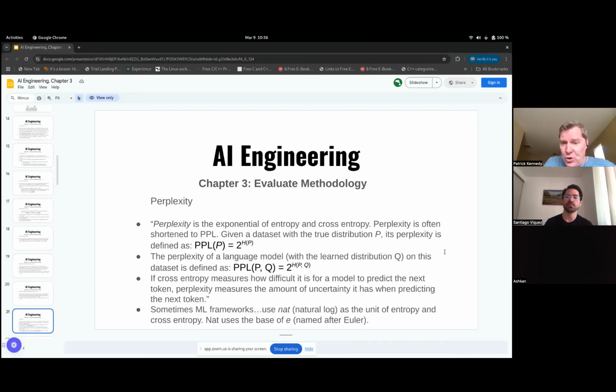So perplexity is the exponential of entropy and cross entropy, and it is shortened to PPL, or sometimes PP, I think. Given a data set with a true distribution P, its perplexity is defined as the PPL function, which takes the probability distribution and is equivalent to 2 to the power of H(P).